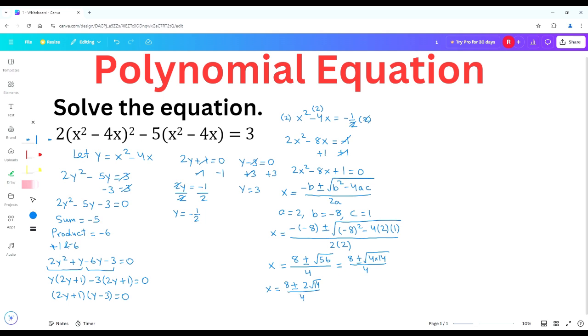Next, we can factor out 2 from the numerator. We can reduce the 2 in the numerator and the 4 in the denominator.